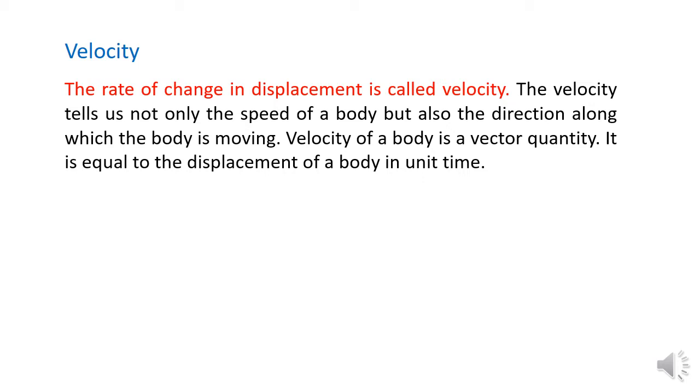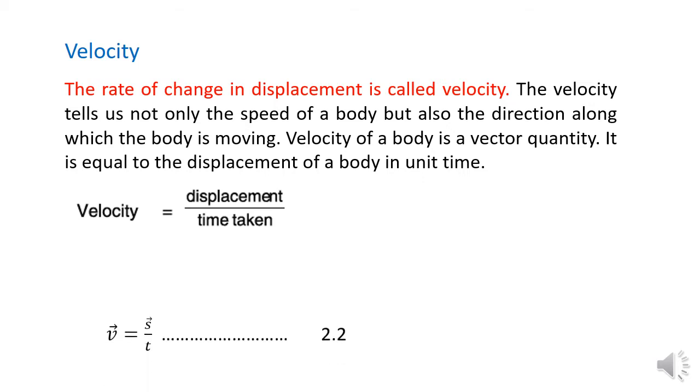Velocity is a vector quantity. It is equal to the displacement of a body in unit time. Mathematically, velocity is determined by the given expression. Velocity is equal to displacement covered by the body divided by the time taken by the body.